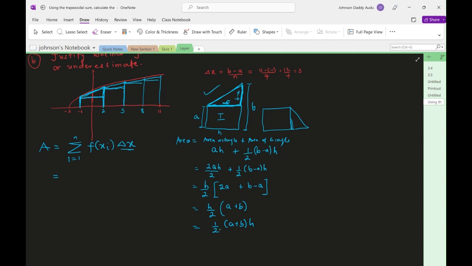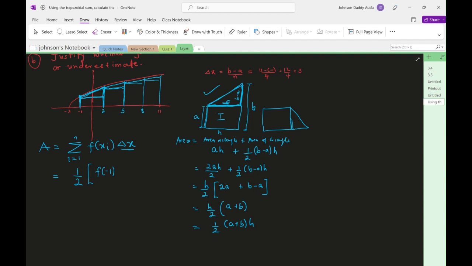for the first trapezoid, using the formula, half. Then what is a? Look at a. A is the distance from here to here. In this case, our a is just going to be the distance from here to this curve. But the distance from here to this curve means you need to find f of minus 1.